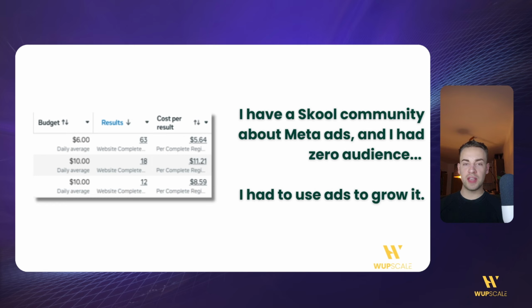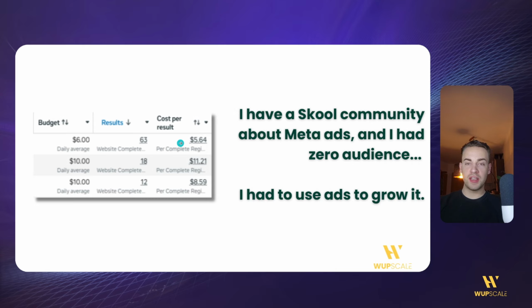And then on the left side, I included a screenshot of some of the results I had. These are the results that we want to see on the ads. The first couple of tests you run are not going to be as good as the other ones, but I basically reduced my cost per signup by half.